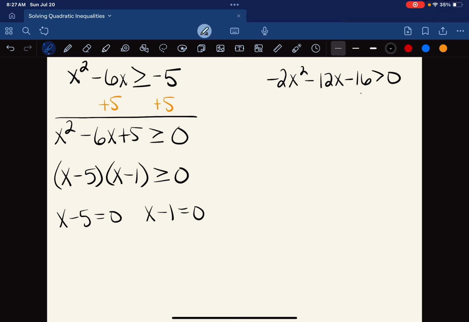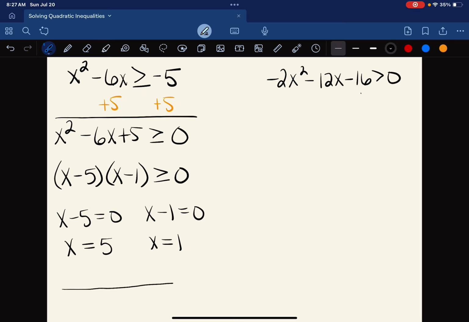Then when I solve for x, add 5 to both sides for the first equation, and we get x equals 5. For the second equation, add 1 to both sides, and we get x equals +1. So these two values, +5 and +1, represent the roots or the zeros of my quadratic.